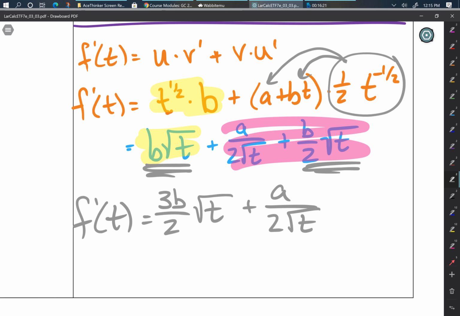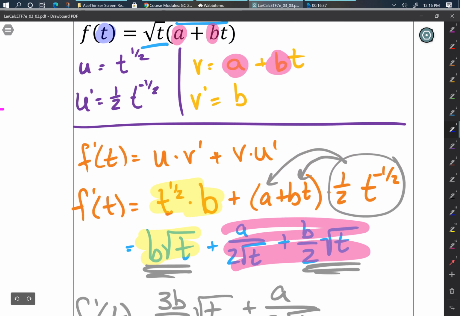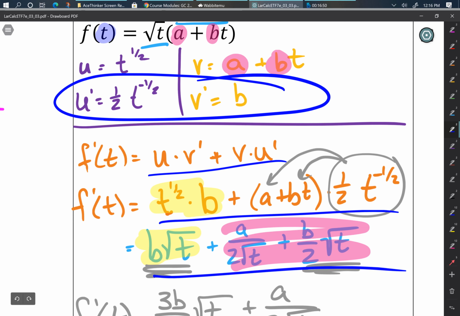This is a perfect example of a problem where students will struggle, and their struggle has nothing to do with calculus. Because the only calculus we did was this. Everything else was algebra. Putting things into a formula, that's algebra. Simplifying, that's algebra.